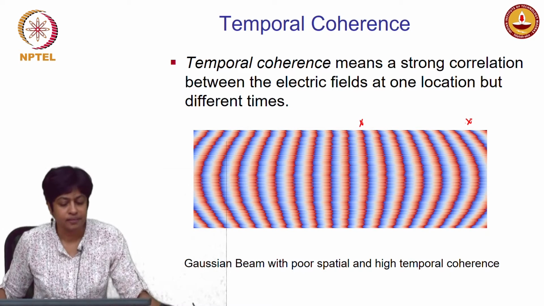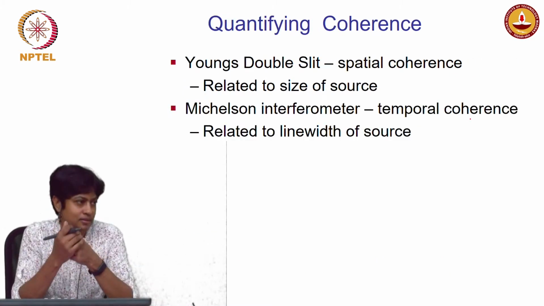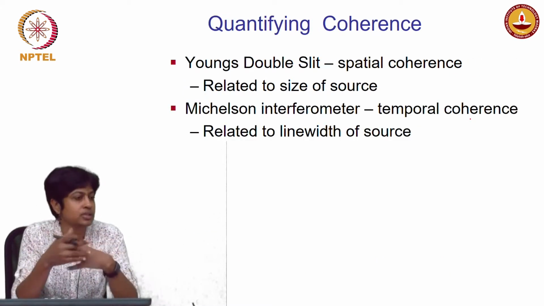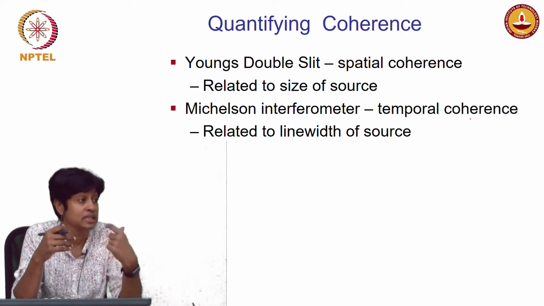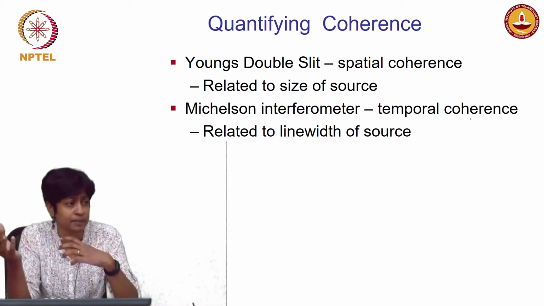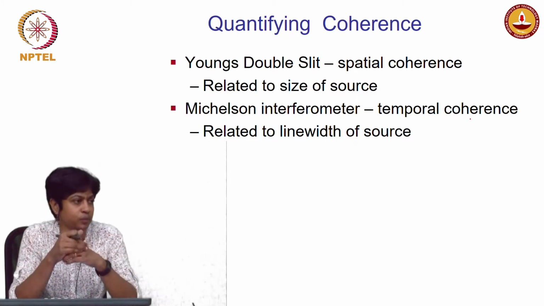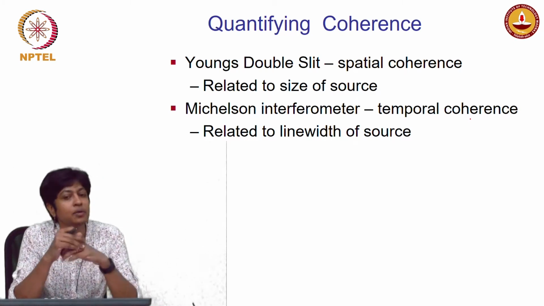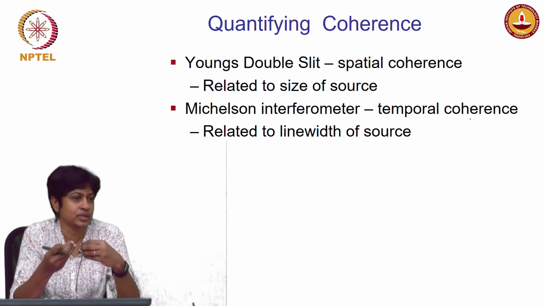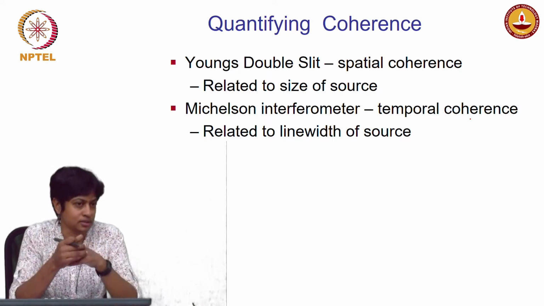Okay. How do we study these? If I want to look at a source and find out, does this source have good spatial coherence, good temporal coherence, and what in fact affects the spatial and temporal coherence of a source. Now, our ideal sources are always point sources.